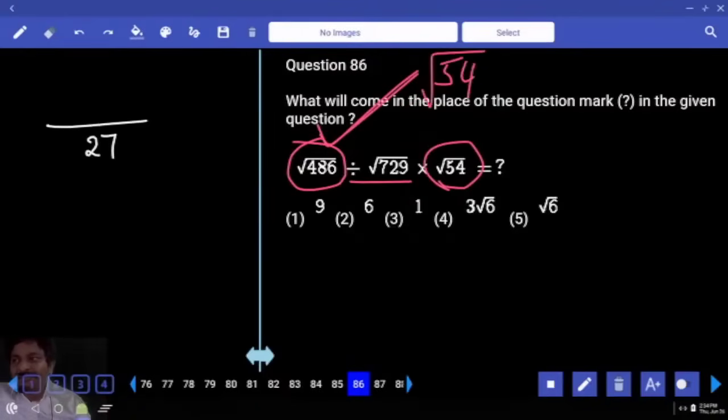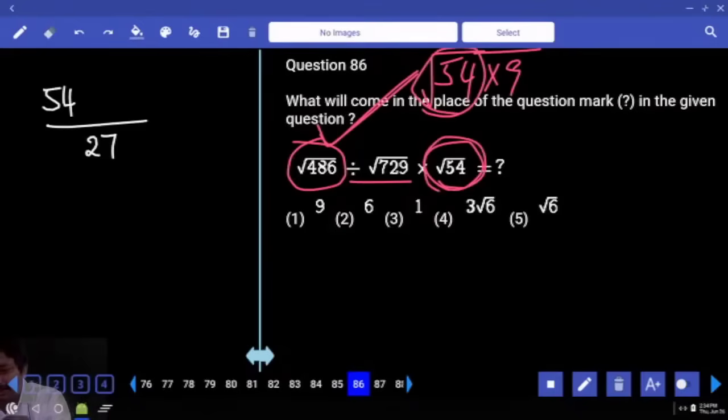Then root 54 into root 54 will give us a perfect square. 486, can we write it as 54 multiple? Yes. 54 how many times? 9 times. Root 54 here, root 54 here will give you 54 into what is left, root 9, which is 27. 2 times. Answer 6.